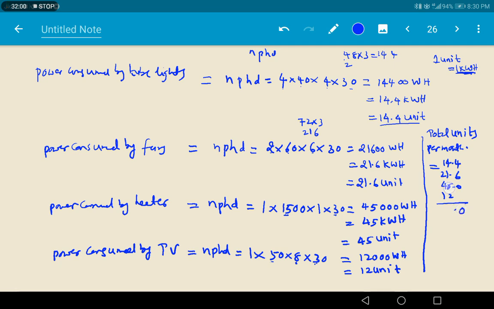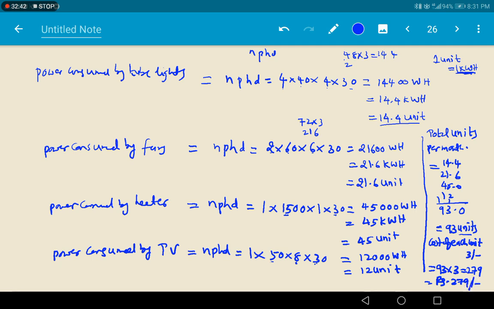So adding, we get 93 units. So how many units total? 93 units. So cost of each unit is what? Cost of each unit is given as 3 rupees. Therefore, the bill in that house is 279 rupees. So this is a way of finding the electricity bill in a house.